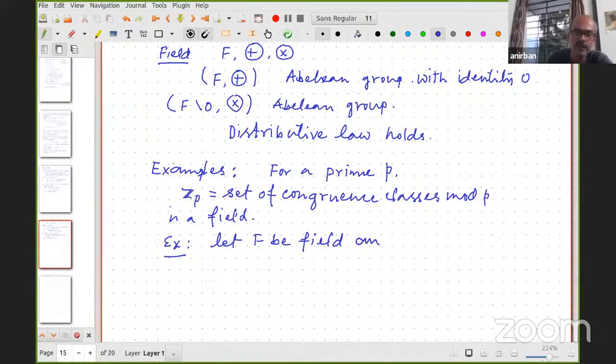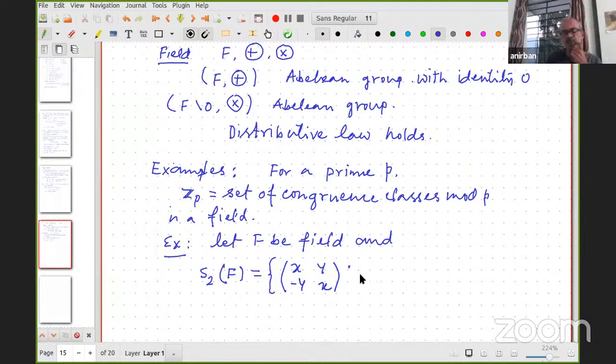And we define this set S2 of F to be 2 by 2 matrices with entries from F. So matrices are of this form, X, Y, and minus Y, X. So these are generally called skew symmetric matrices, where X and Y belong to F.